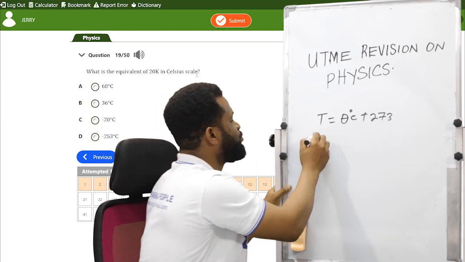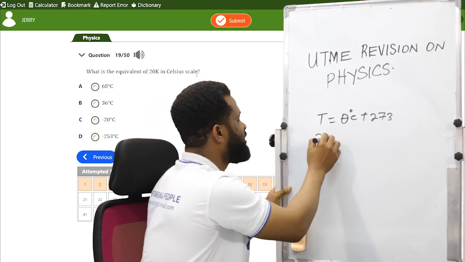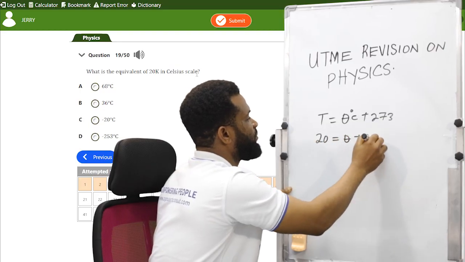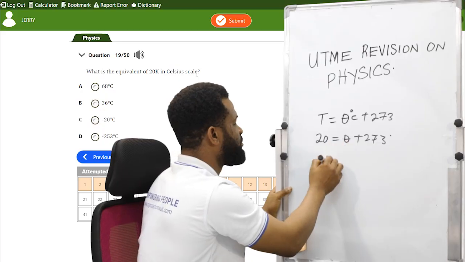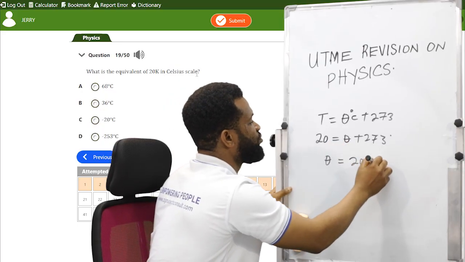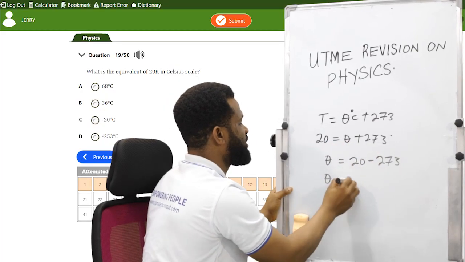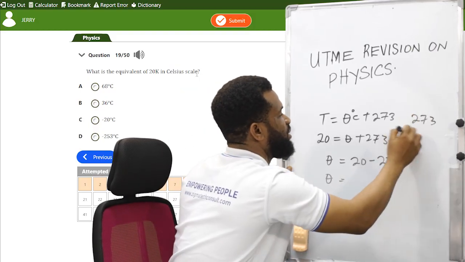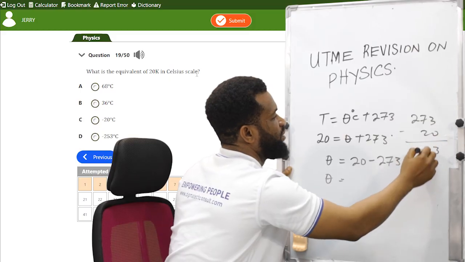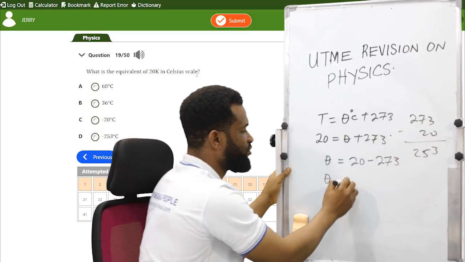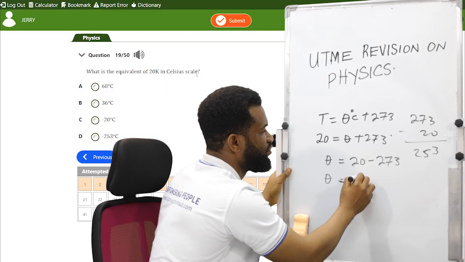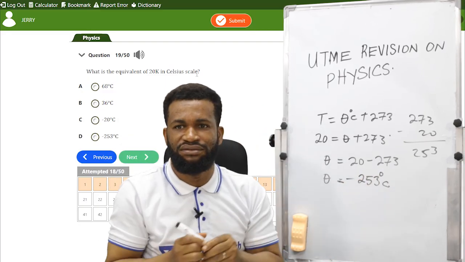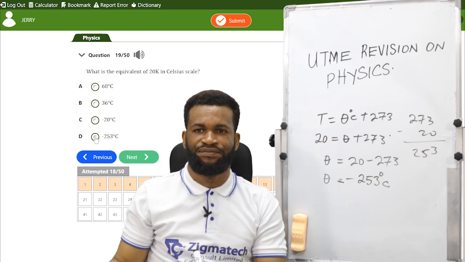So I'm going to have 200 is equal to theta plus 273. So theta is equal to 200 minus 273. It's just like saying 273 minus 200, which is 73. So the answer is going to be negative 73 degrees Celsius. Okay, that is option D.